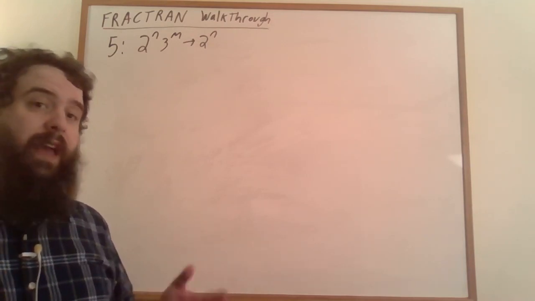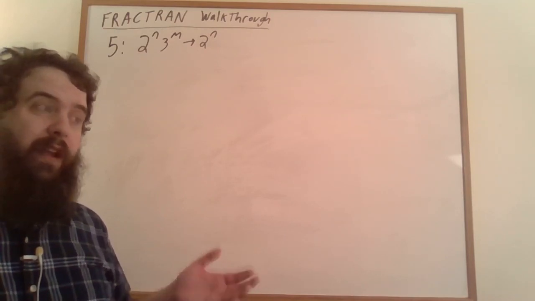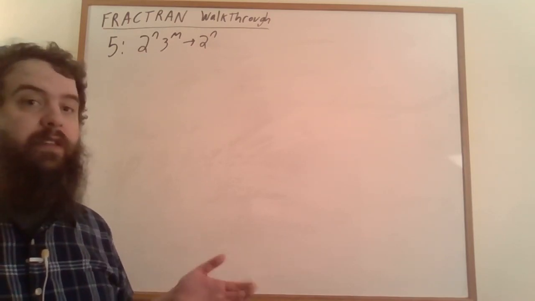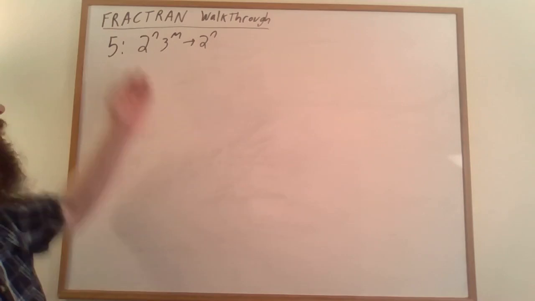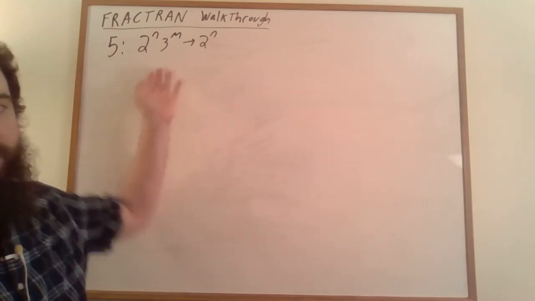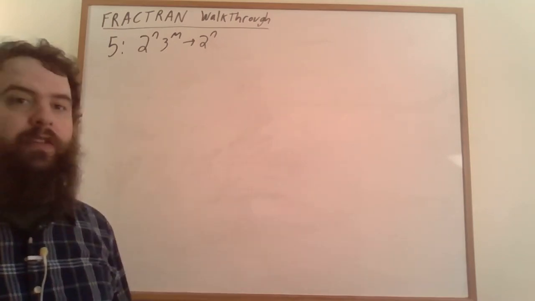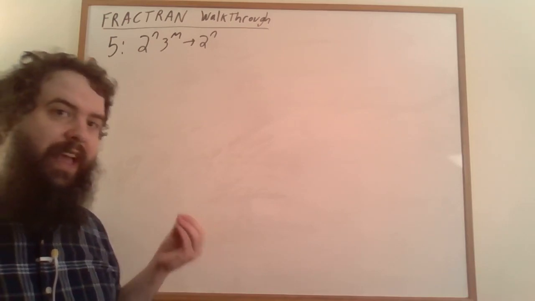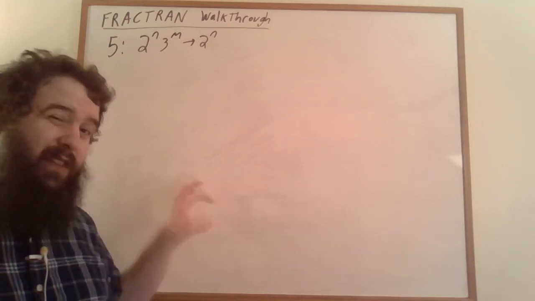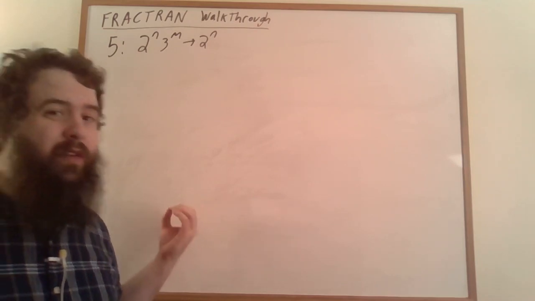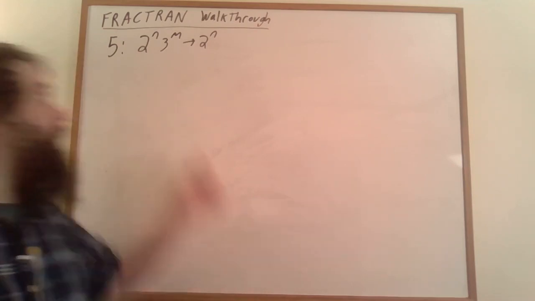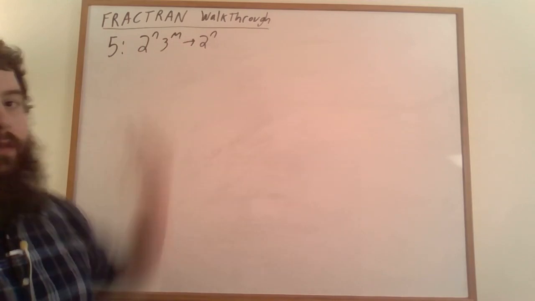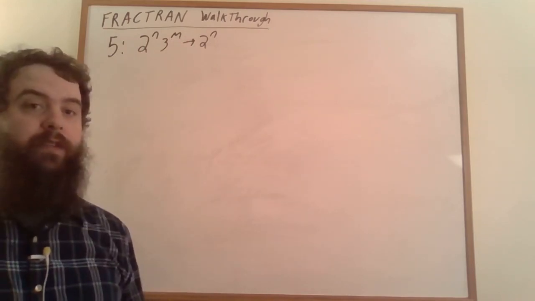And so it really helps, when we're trying to do programs that actually do useful things, to think about the current number in the system and the numbers that show up in the fractions in terms of their prime factorizations, in terms of the way that they operate not on the individual number, but on the corresponding list of numbers, the list of exponents that we get out of the prime factorizations.